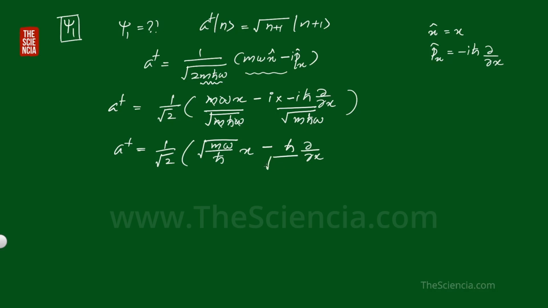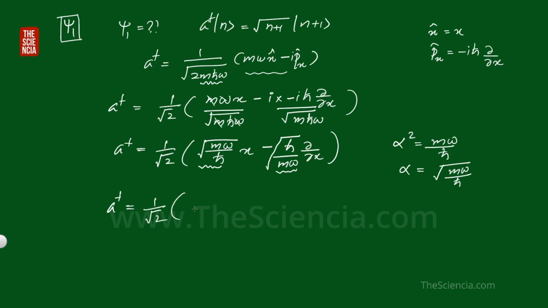So that is root of h cross by m omega, right? And earlier we considered alpha squared is equal to m omega by h cross, so alpha is equal to root of m omega by h cross. So we can rewrite these terms in the form of alpha. That is, a dagger is equal to 1 by root 2 into (alpha x minus 1 by alpha dou by dou x).